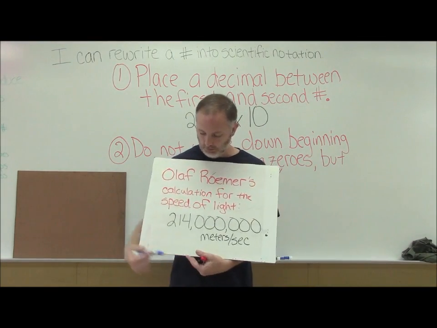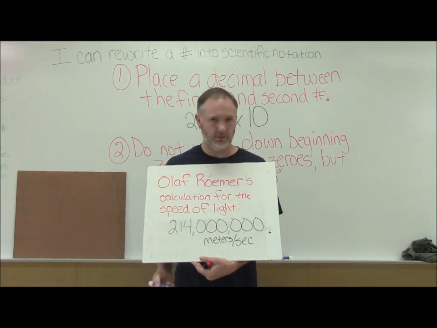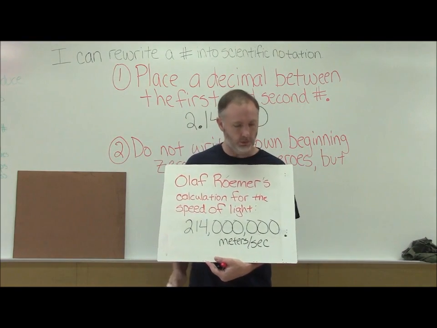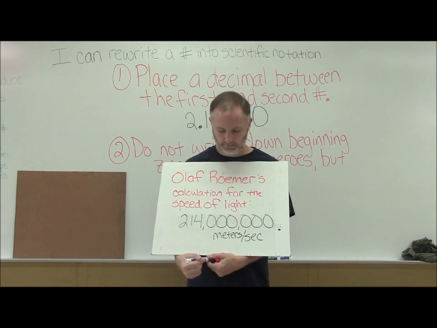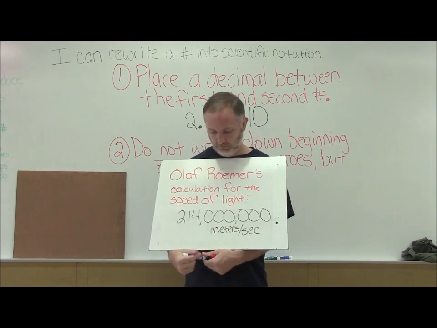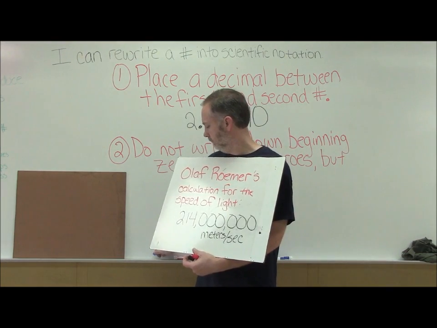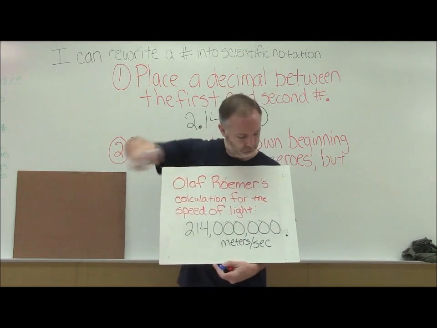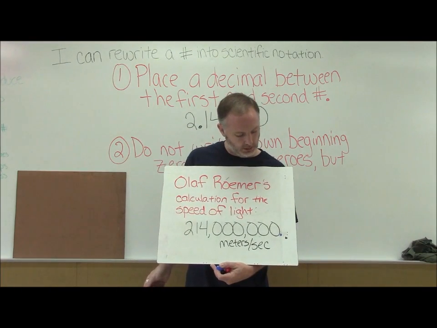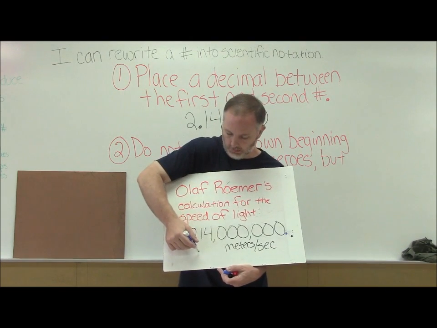Now you look at this number, 214 million, and you don't have a decimal, but hopefully your math teachers taught you, if you don't see a decimal in a number, you're going to assume it's all the way over to the right. We're going to assume it's right there. So right here it starts.